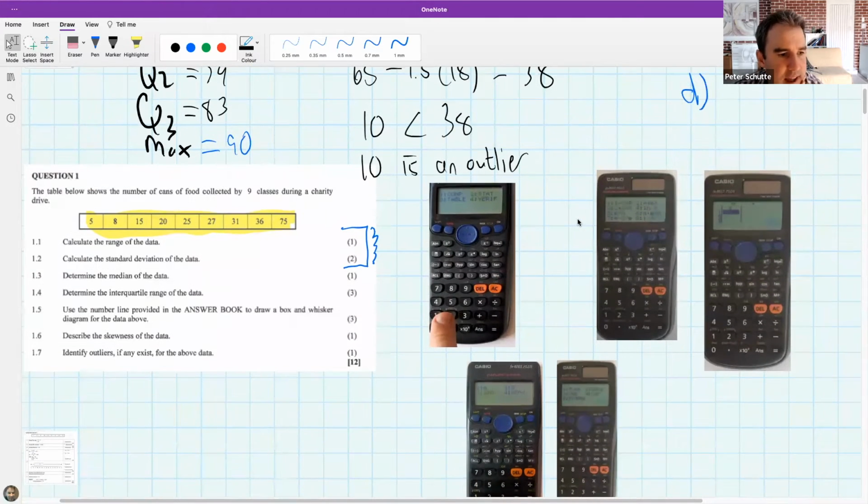So calculate the range and calculate the standard deviation for this question. And if you're really on fire, then you can also do 1.3 and 1.4 if you are done with the first two. So I see one answer so far.